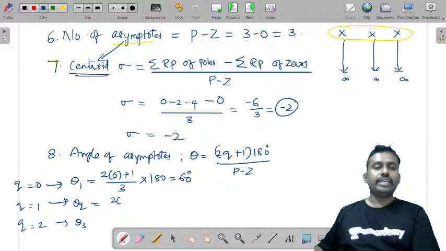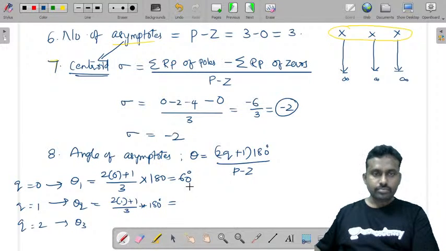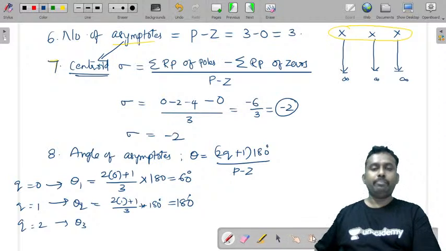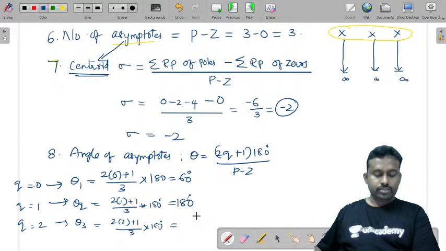Now theta 2, if you take (2 into 1 plus 1) by 3 into 180, I want you to tell me, 2 plus 1 is 3, by 3 is 180 degrees. Simply. And theta 3 is equal to (2 into 2 plus 1) by 3 into 180. 2 twos are 4 plus 1 is 5, so 300 degrees.